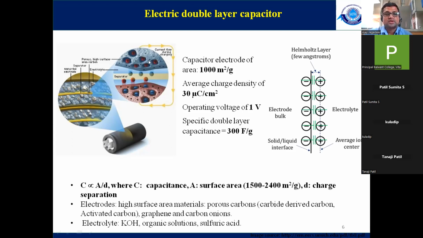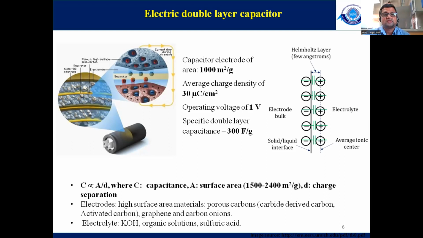I have taken one example here: if you take an electrode material like activated carbon with a surface area of 1000 meters square per gram, and you consider an average charge density of 30 microcoulomb per centimeter square, and the operating potential in aqueous electrolyte is normally 1 volt, the specific double layer capacitance can be calculated as 300 farad per gram. This value is very, very high as compared to the capacitance in conventional electrostatic capacitors.